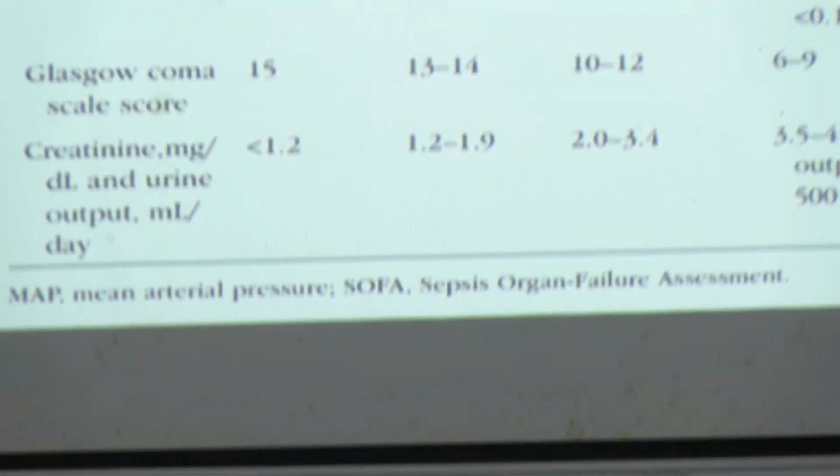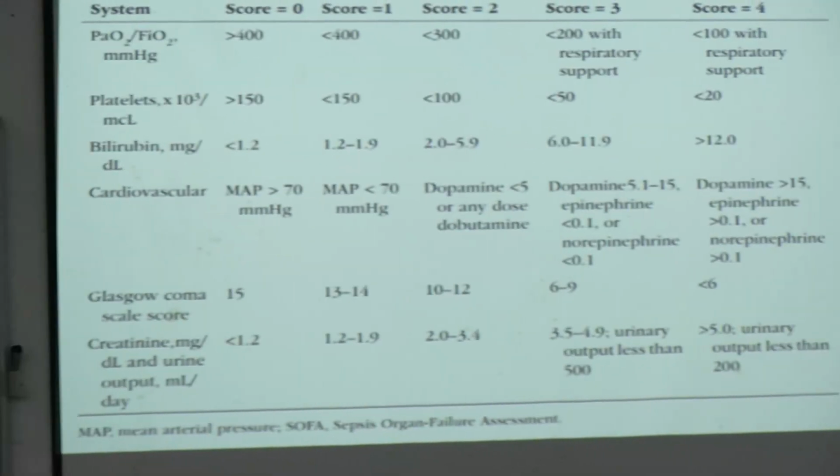Now, this is very important: how to detect this. The detection can be done in the intensive care setting with the use of what is called the Sequential Organ Failure Assessment, or SOFA, criteria. If we look at the criteria, there are some specific parameters like PaO2 by FiO2 and various laboratory parameters.